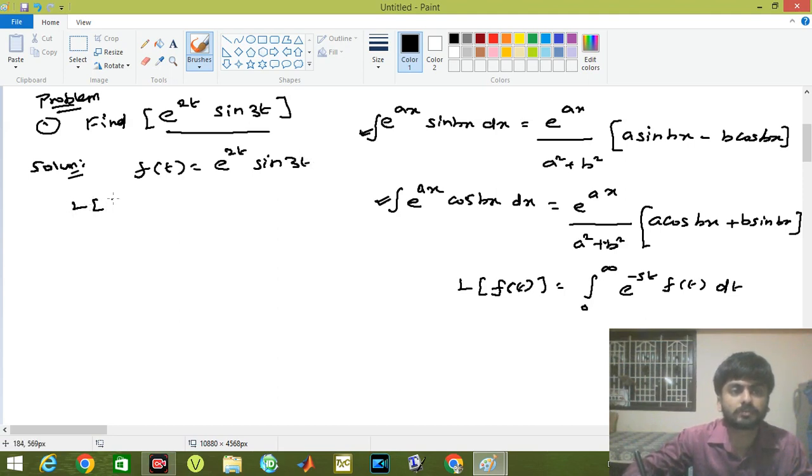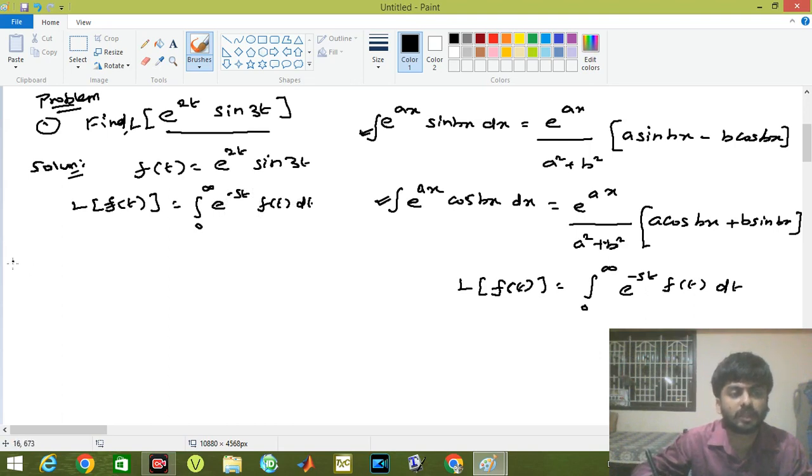Find L of f of t, which equals the integral from 0 to infinity of e power minus st f of t dt.